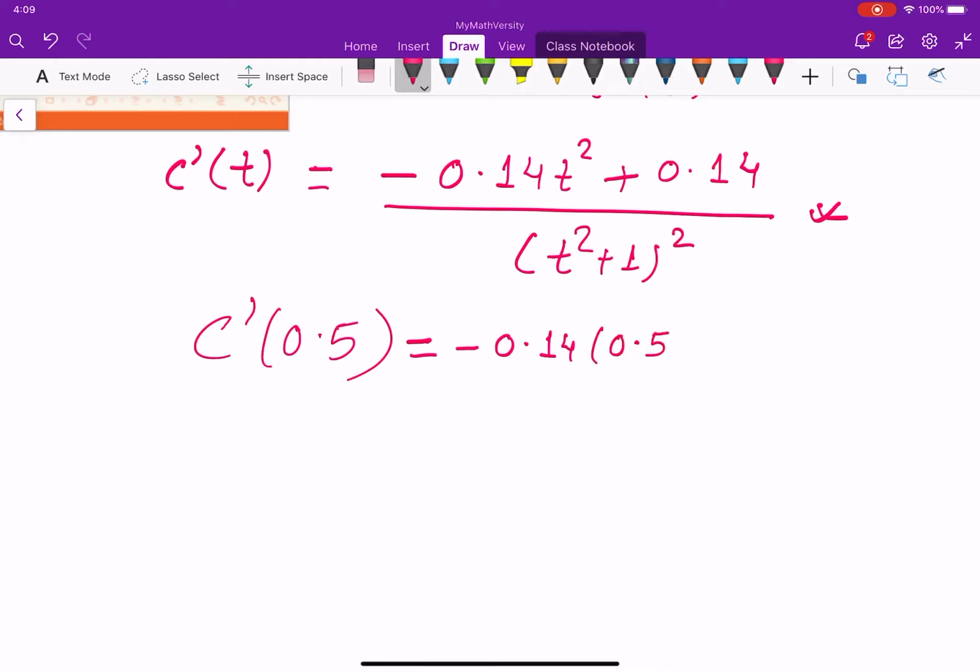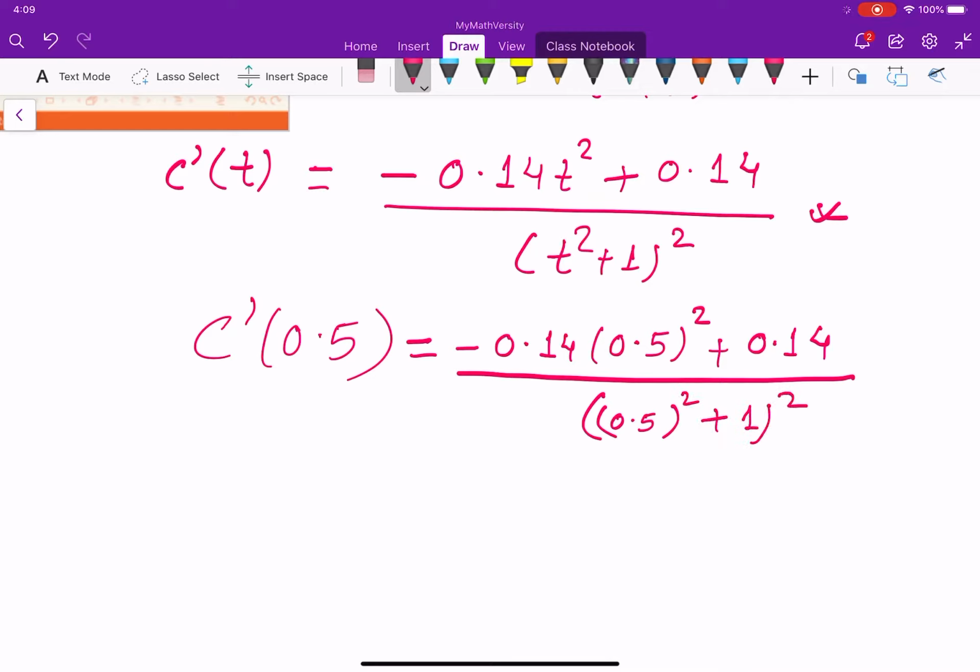So let's do that, and then we get negative 0.14 times the square of 0.5 plus 0.14, and everything underneath that will be the square of the square of 0.5 plus 1.